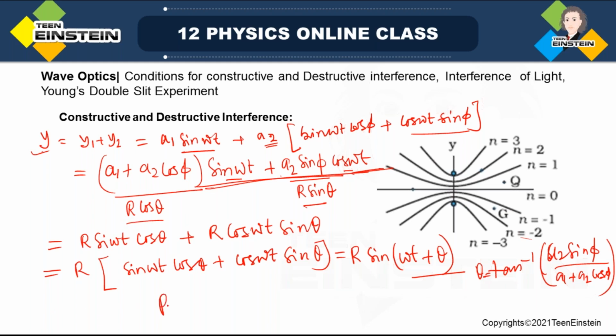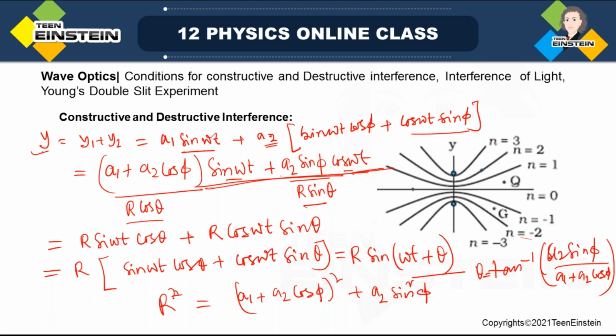So what is R? R square is equal to a1 plus a2 cos of phi whole square plus a2 sine square phi. So this is the r square.